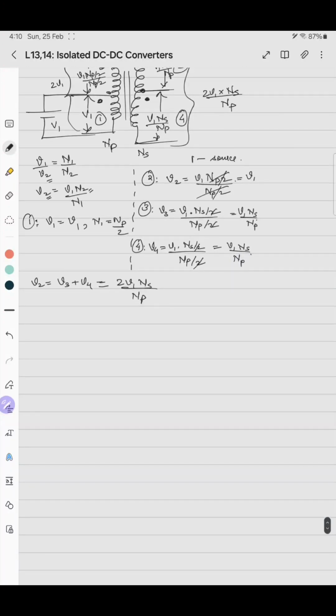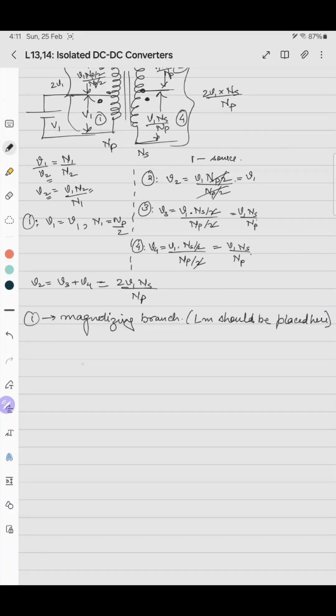Then we have to show the magnetizing path. In order to represent it, we are showing one as the magnetizing branch. So Lm should be placed here.